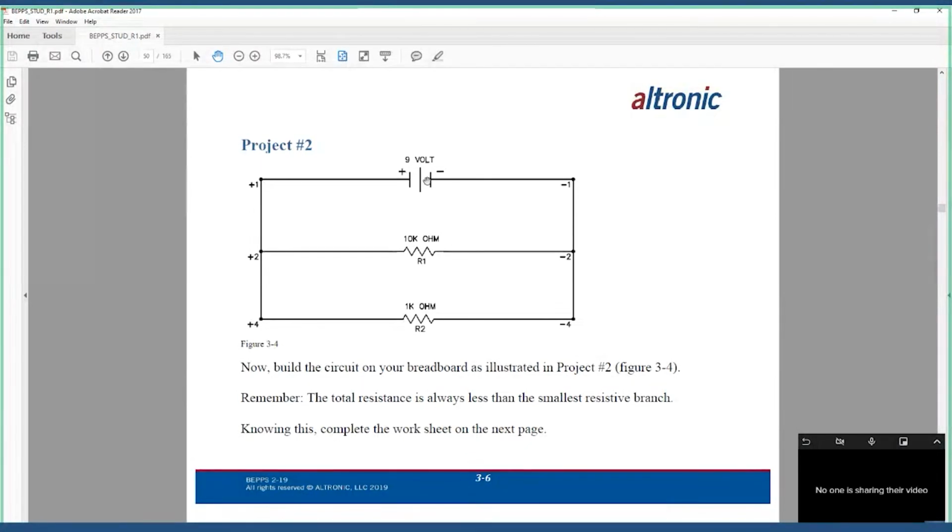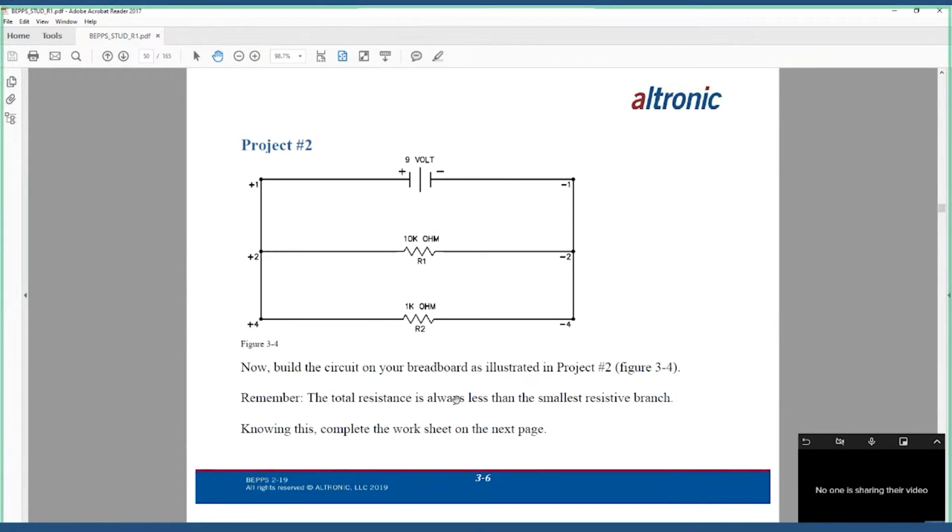I have my voltage at the top, a positive rail on the left-hand side, and a negative rail on the far right-hand side. And connecting through each one, I have two different resistors. I could just as easily have a relay coil in here, or a relay coil with a light. So this starts to look a lot like some of our schematics that we draw for our control panels. But let's work the same formula out on this one real quick.